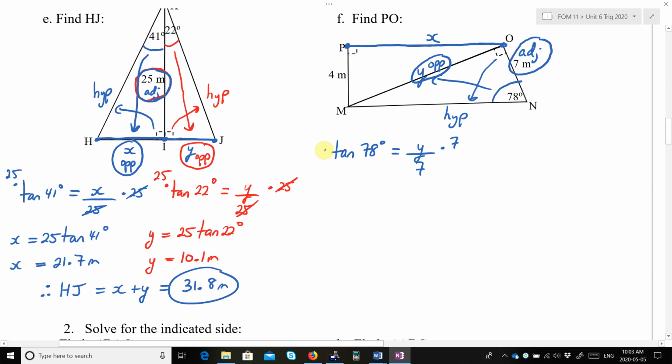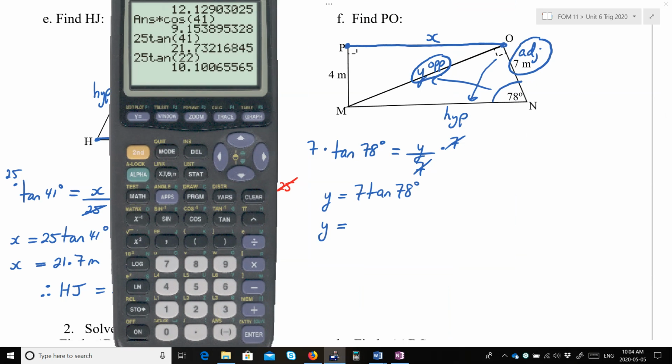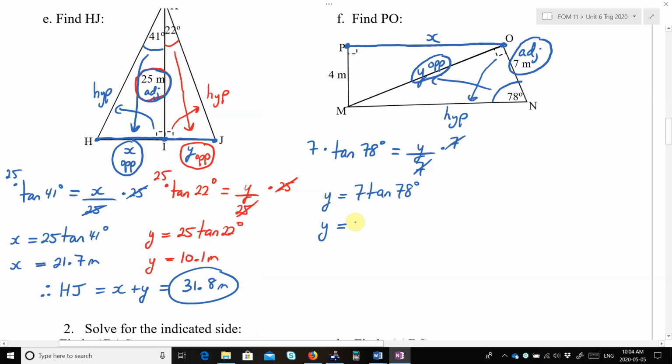Multiply both sides by 7, and we get y equals 7 tan 78, which is 32.9.